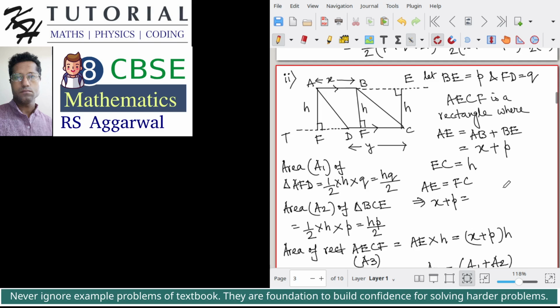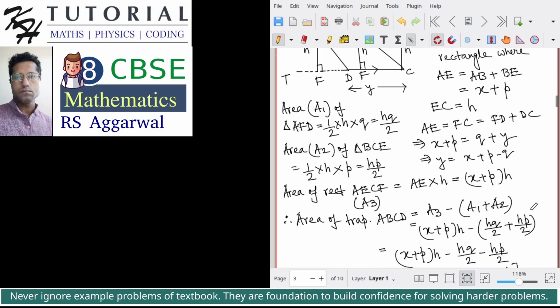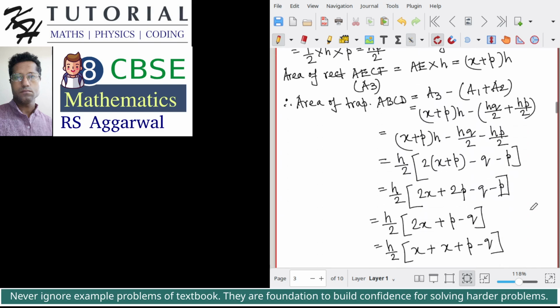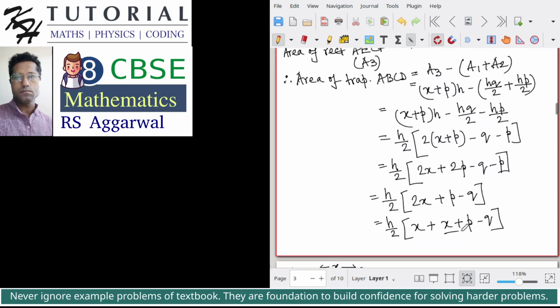FC is equal to FD plus DC. So what is FD? FD is Q, and what is DC? DC is Y. So this implies Y is equal to X plus P minus Q. So Y is equal to X plus P minus Q, and in the result we have got this.